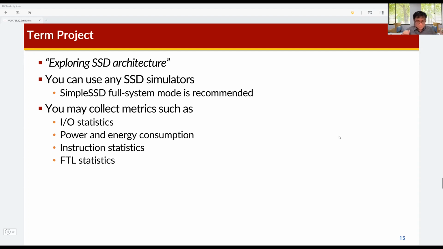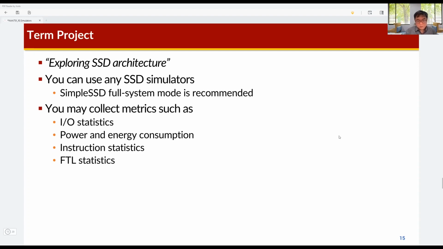Or you can collect power and energy consumption using this model. Actually, SimpleSSD reports power and energy consumption using McPAT. McPAT is another architectural simulator that estimates the power and energy consumption of processor or memory models.